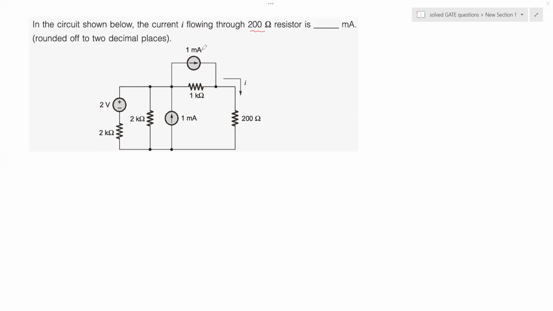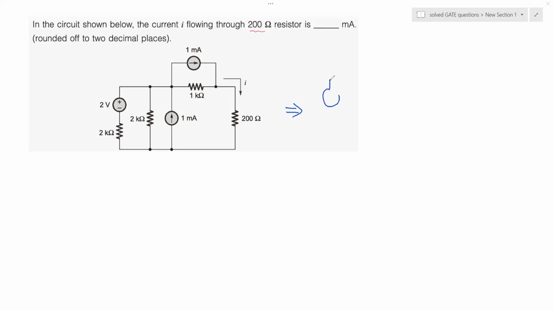Similarly, I can represent this current source across which a 1K is connected, and its equivalent would be a voltage source in series with a resistor. That's a dual kind of source transformation. So let me redraw the circuit in order to solve this. This circuit will get such a transformation.